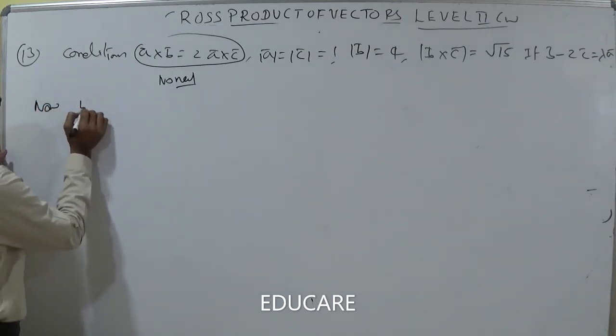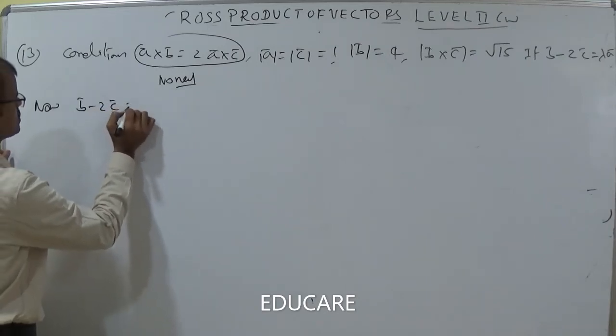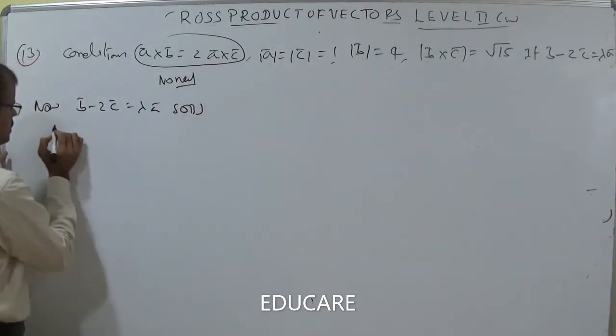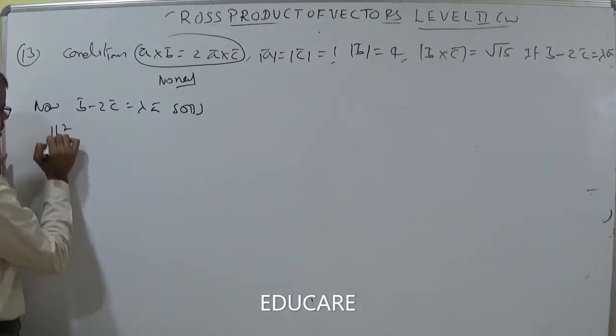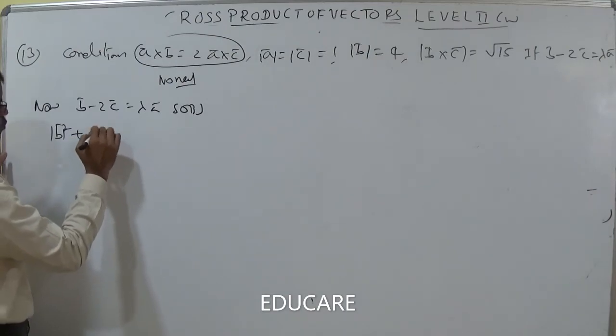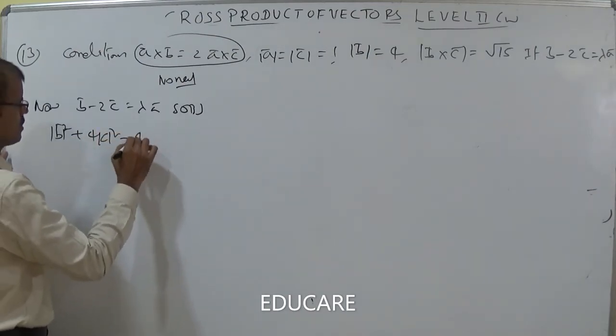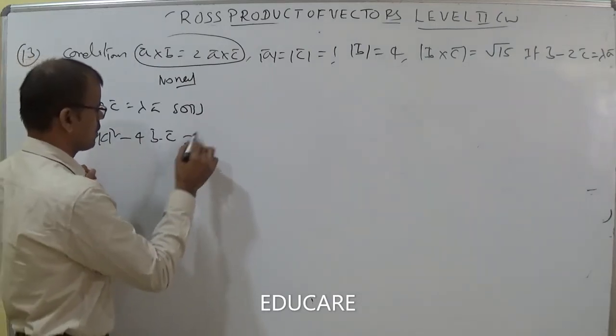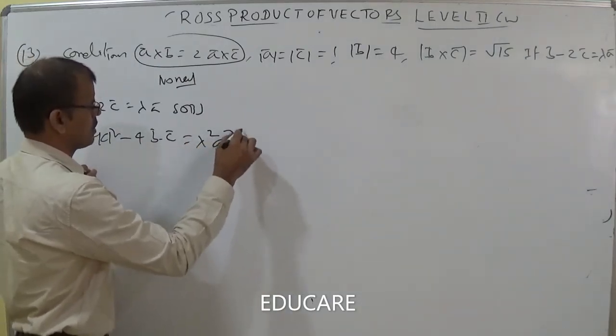Now consider B bar minus 2C bar is equal to lambda A bar. Squaring on both sides, it can be written as modulus of B square plus 4 into modulus of C square minus 4 B bar dot C bar is equal to lambda square A square.